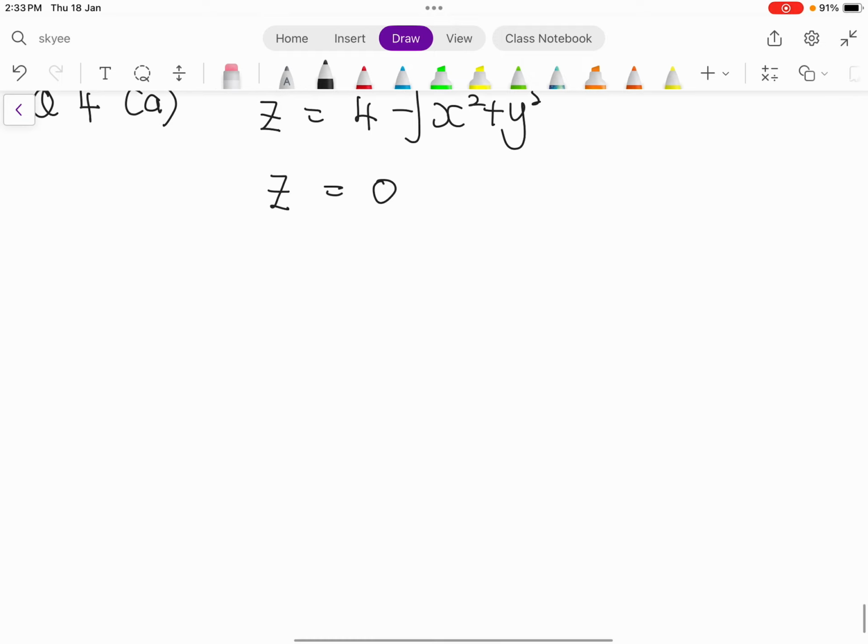So maybe we draw this structure first. You have a cone, and the cone shape should be something like this.